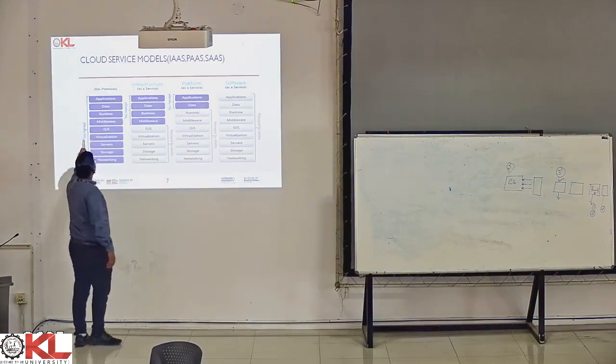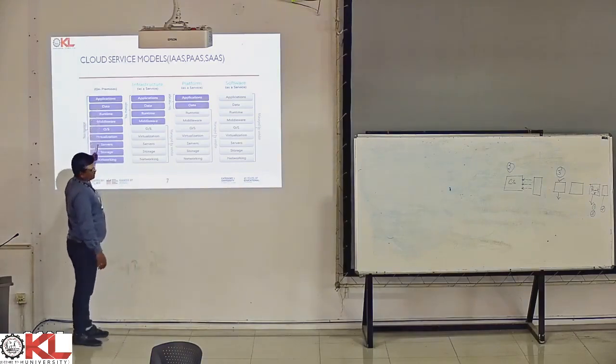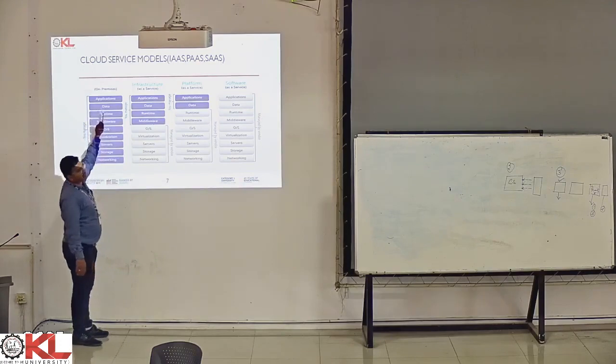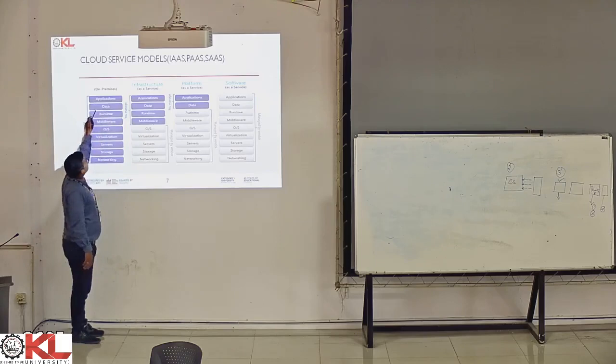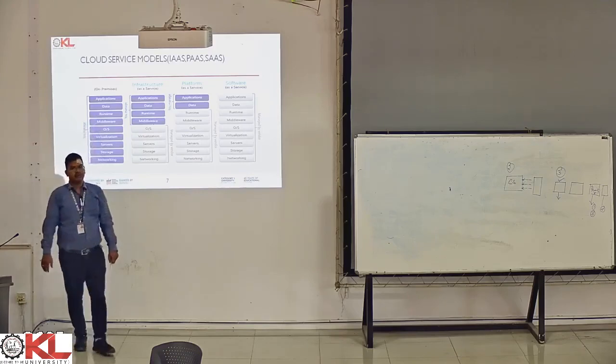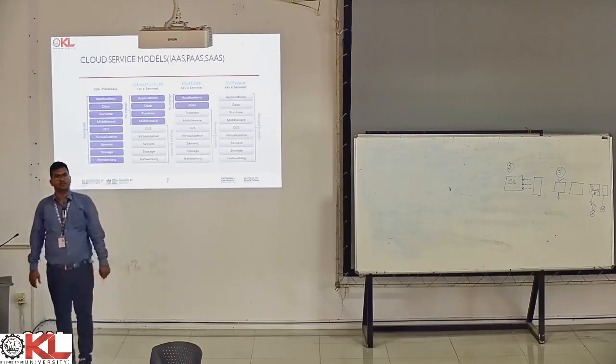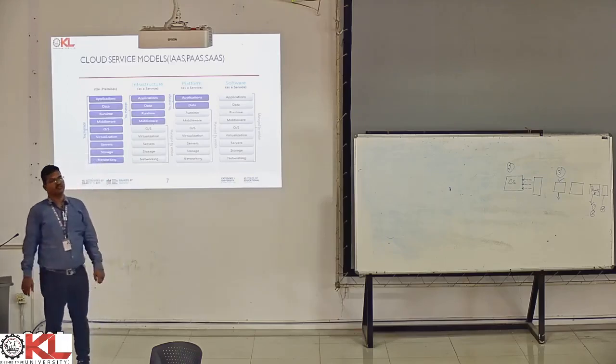You have to manage everything listed here: applications, data, runtime, middleware, operating systems, virtualization, servers, storage, networking. All these are the responsibility of the owner who is using the on-premises.